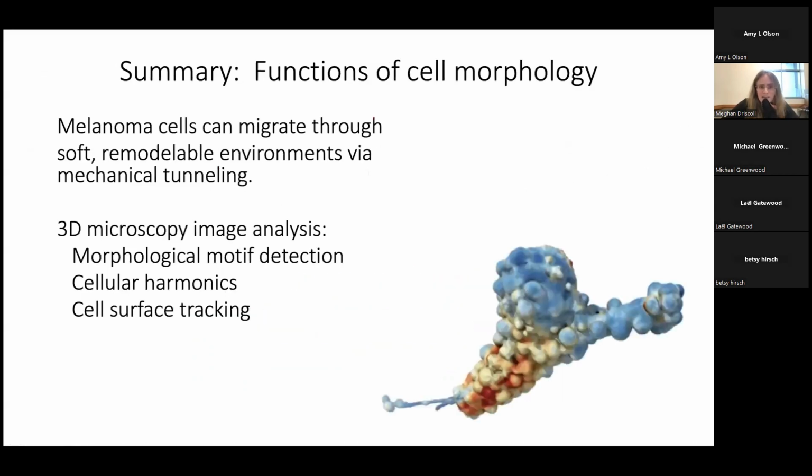Right, so in summary, I might have taken out too many slides, but I showed you that melanoma cells can migrate through soft, remodelable environments not by changing their cell shape, as previously thought, and not even via proteolytic degradation like other cells, but by sort of chewing their way through via macropinocytosis.